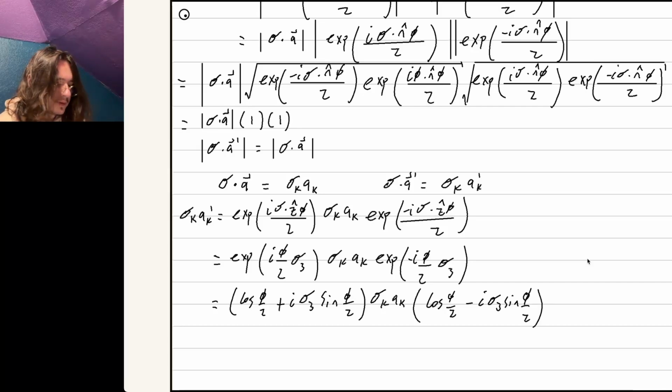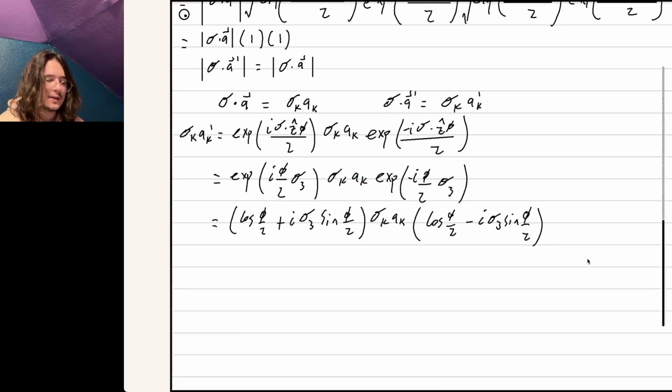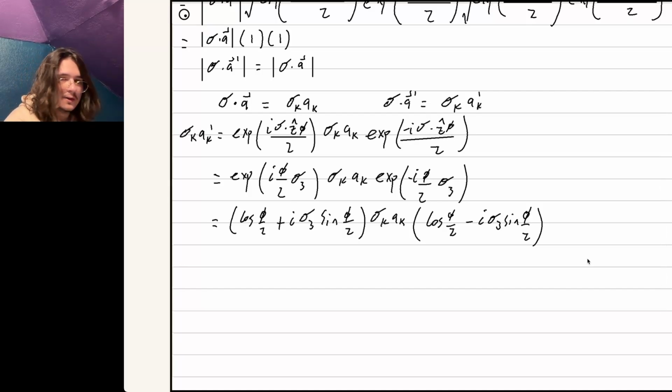All right. So just multiplying all that through. I'm going to leave ak on the outside. We're just foiling. ak times cosine squared phi over 2. I'm going to put the matrices first.